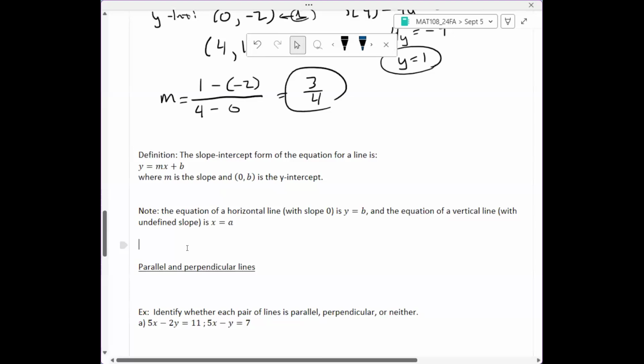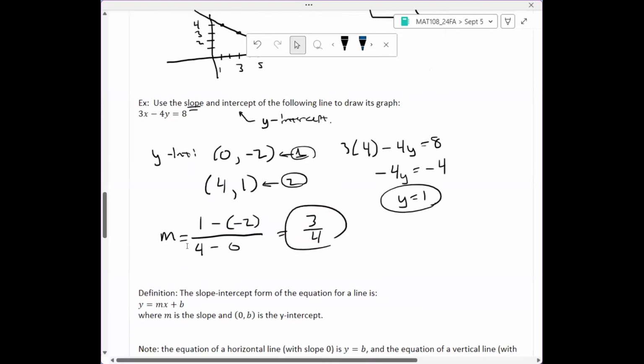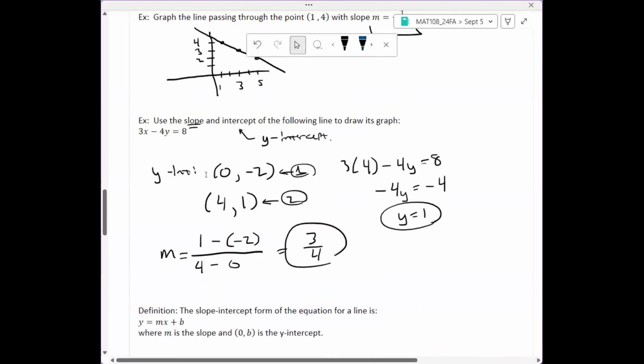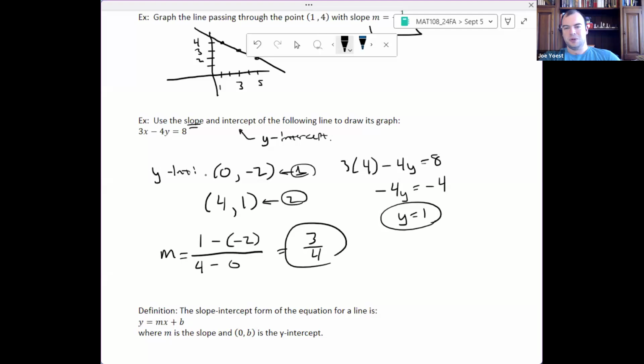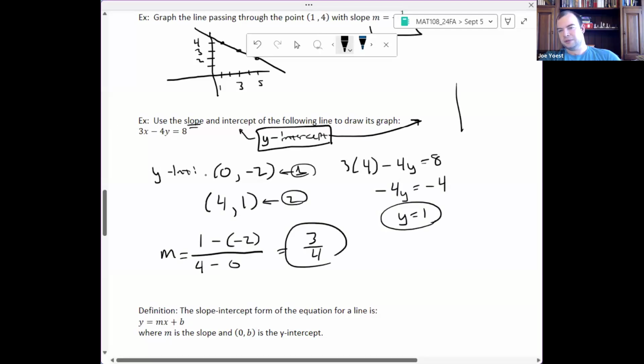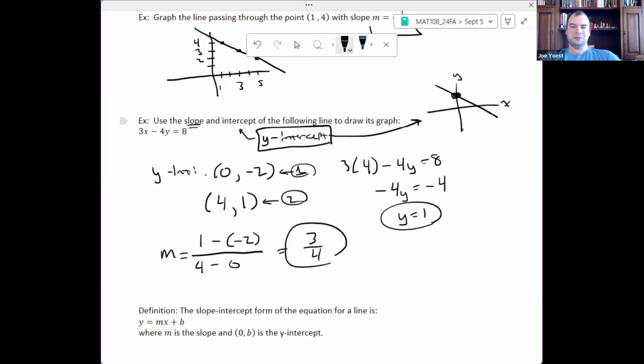I do. I have one. Yeah. Sorry, I missed how we got the 0 and a -2. Sure. So the y-intercept is, if we have the line, whatever it looks like, it might not look like this. But it's the intersection of the line with the y-axis. So that's what it's defined to be. It's the point where the line intersects the y-axis.